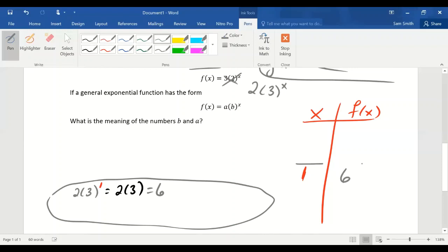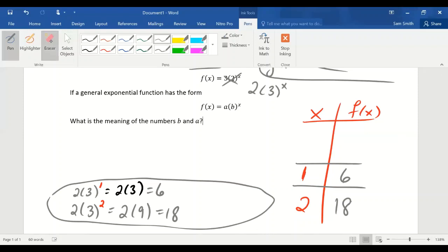So x equals 1 is paired with an output of y equals 6. Now let me try, for example, x equals 2. If I have 2 times 3 to the second power, then that's 2 times 9, which is 18.